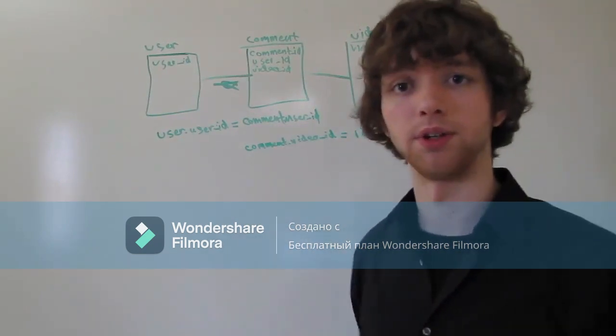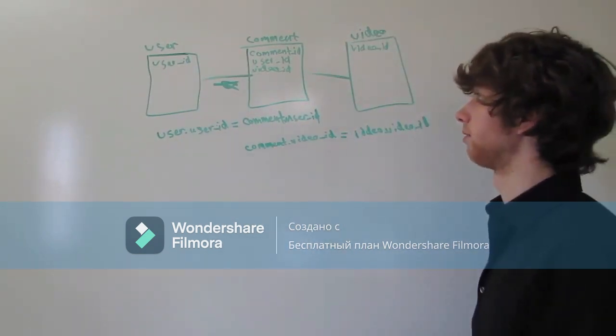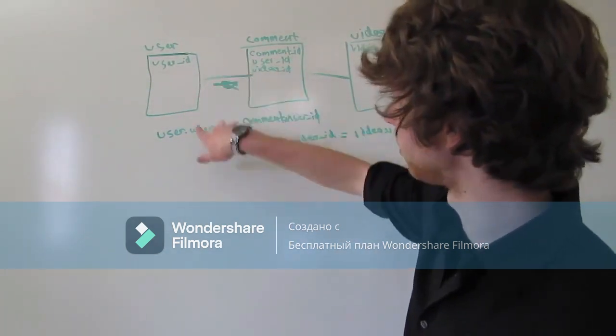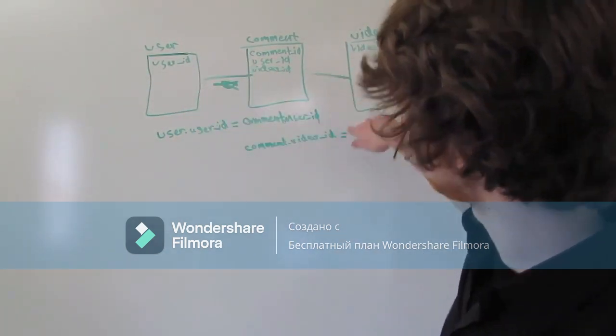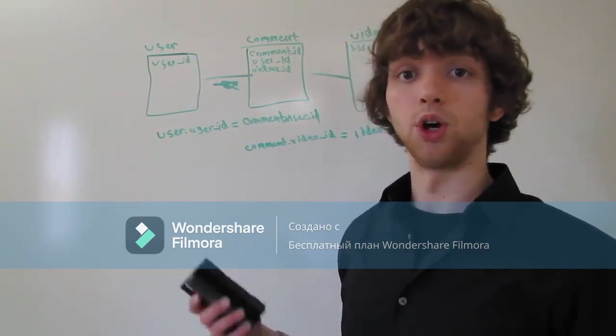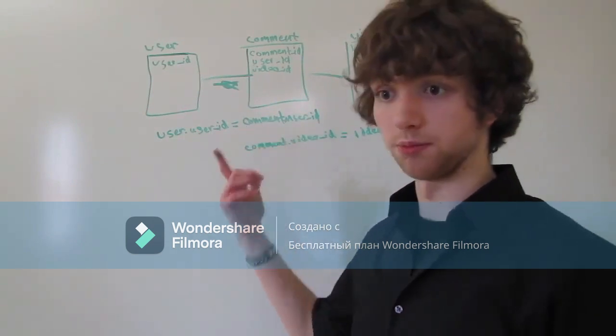I know you guys probably can't even read that. I wrote it so small, but it's okay. As long as you understand, this is the join condition for these two, and this is the join condition for these two. When you join these, you're going to join them by those columns.